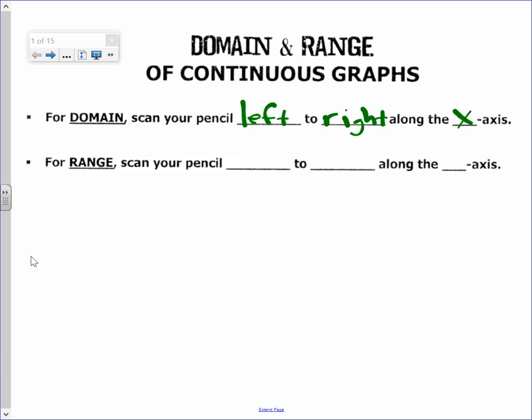For range, scan your pencil bottom to top, because you're looking at the y-axis, along the y-axis. Up and down is cool, but we want to start from the lower values to the higher. Down and up, yeah. Okay. Question? Okay.